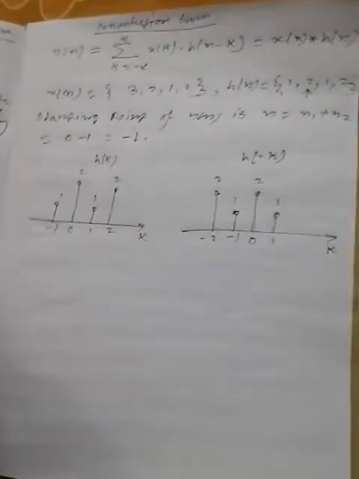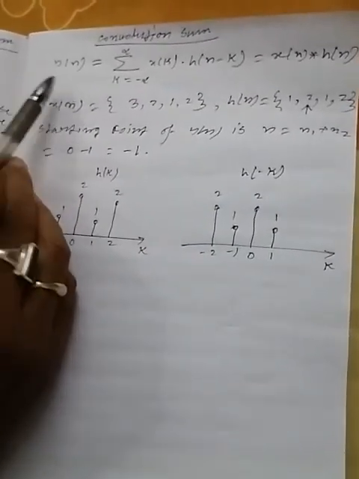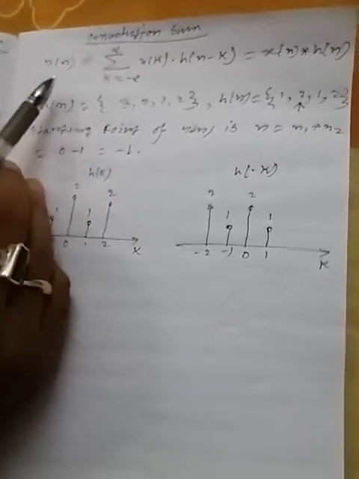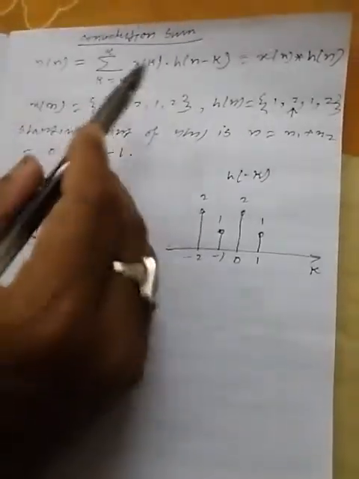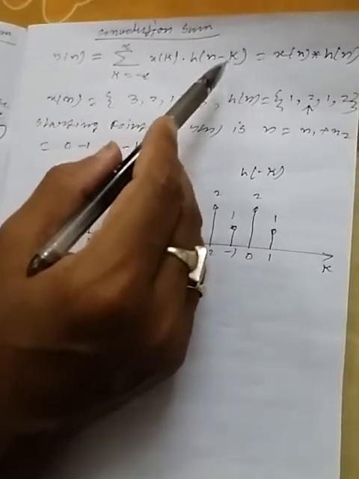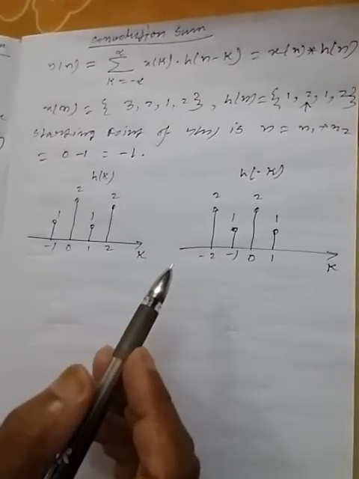Now, when evaluating all the values of y[n], the starting value will be y of minus 1. So if we put y of minus 1, we have to draw h of minus 1 minus k.